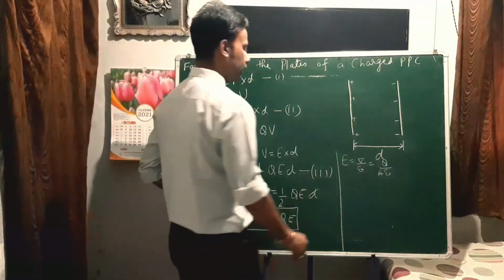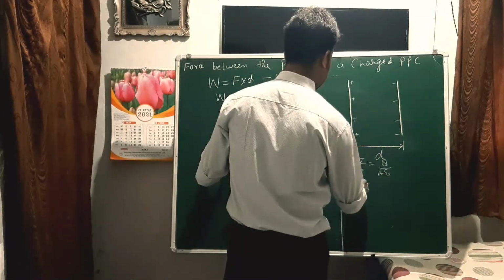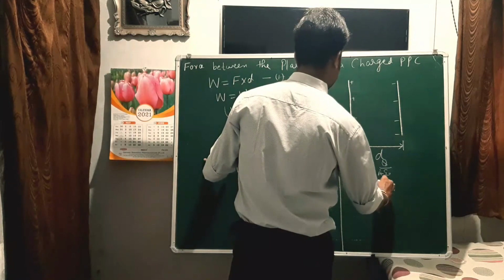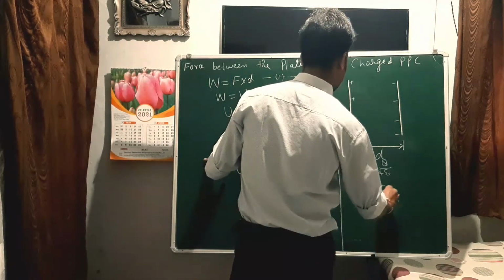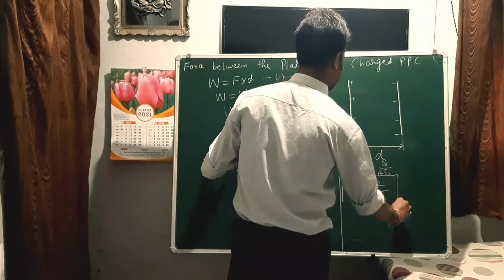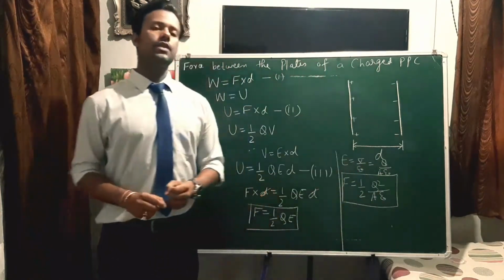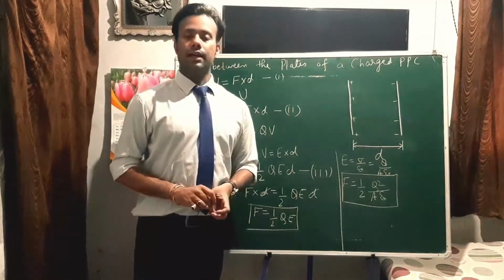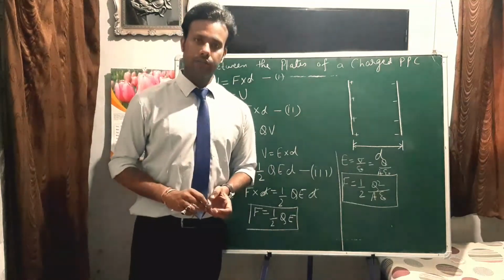We get half Q square upon A epsilon naught, right? So this is the formula for force acting between the plates of a capacitor.